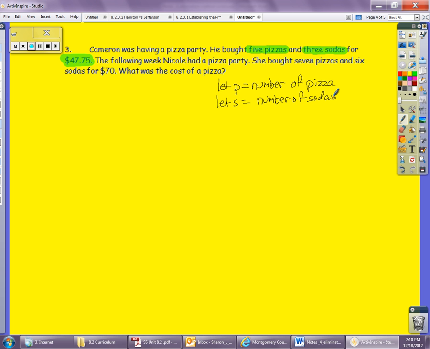So for Cameron, we know that he bought 5 pizzas, so that's going to be 5P. He bought 3 sodas, so that'll be plus 3S. And he spent a total of $45.75, so it equals our total amount.